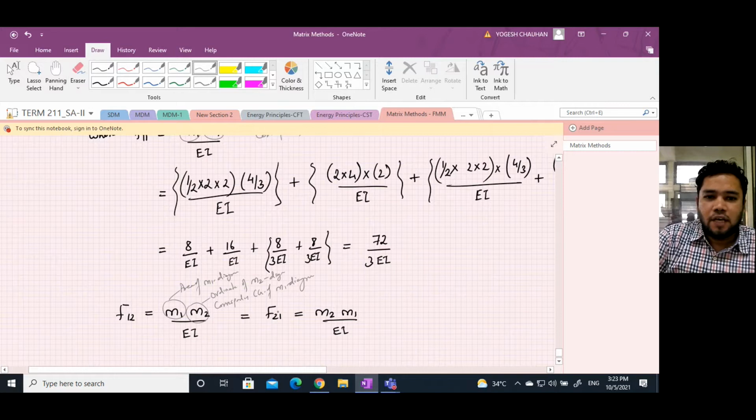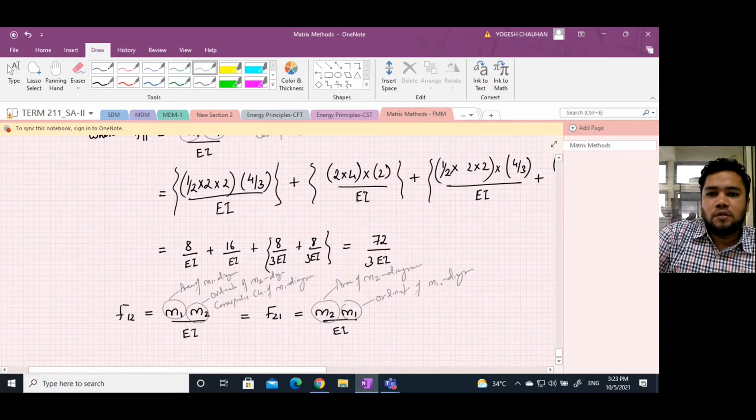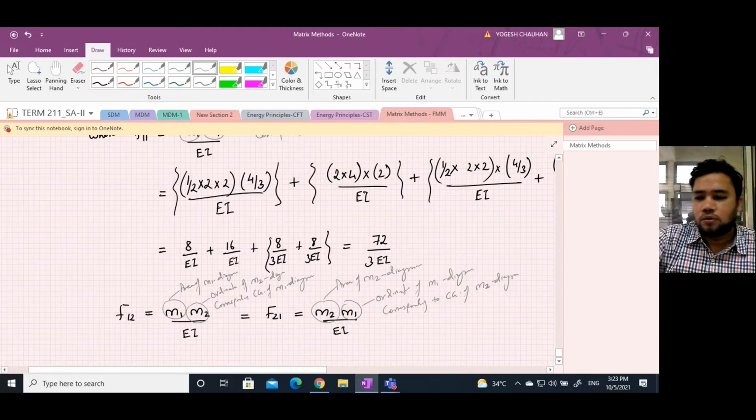Same way, if you find F21, it will be the same as F12 only. But in this case, you have to take the area of the M2 diagram multiplied with the ordinate of the M1 diagram corresponding to the CG of the M2 diagram. So you can find either F12 or F21. Both values will be the same, and it's up to you.